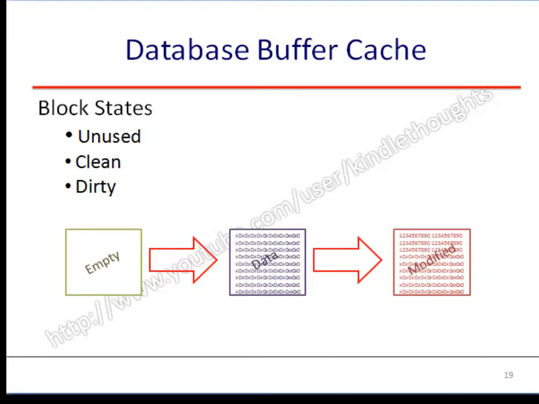This means that this particular buffer is marked for being written to the disk. So the changed data has to be written to the disk before new data can come in.